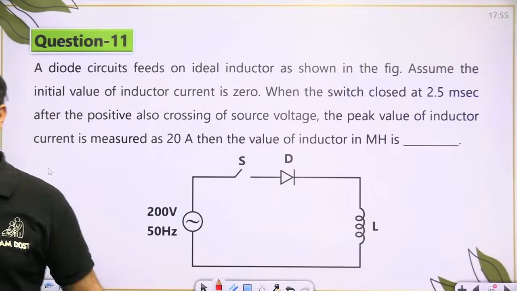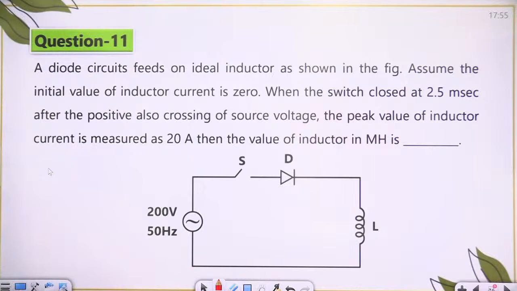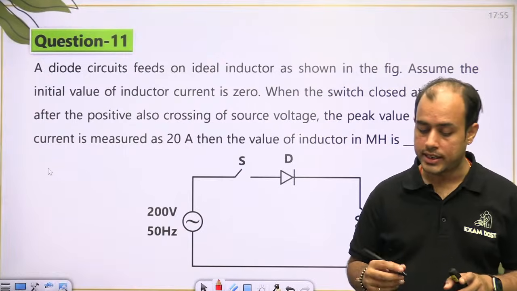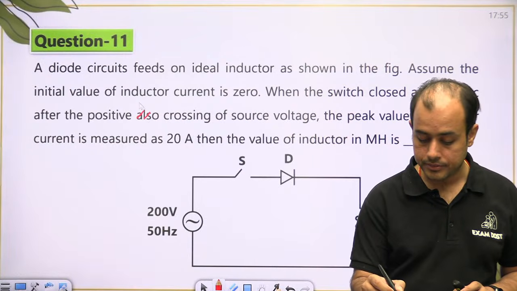Next, a diode circuit feeds ideal inductor assuming initial inductor current is 0. Switch is closed at 2.5 millisecond after positive zero crossing of source voltage. Peak inductor current is 20. What is inductor?